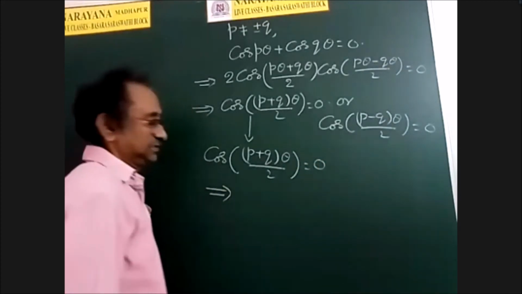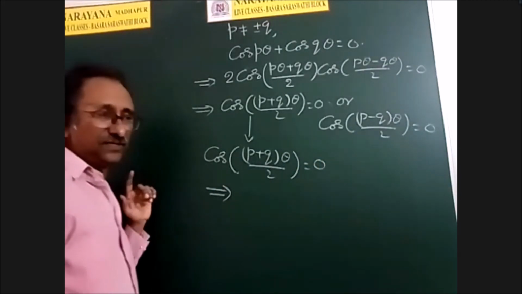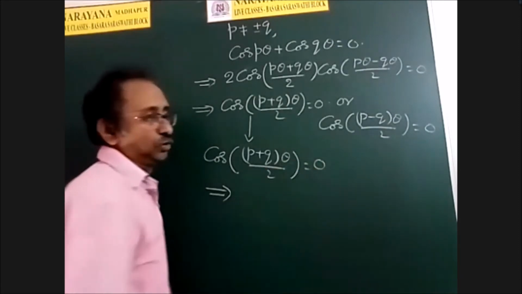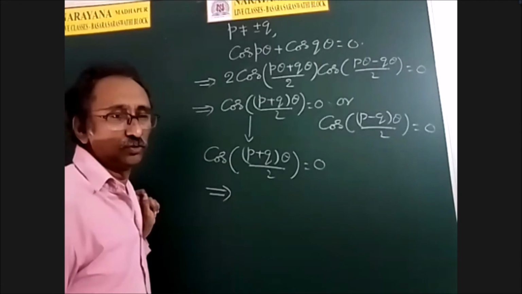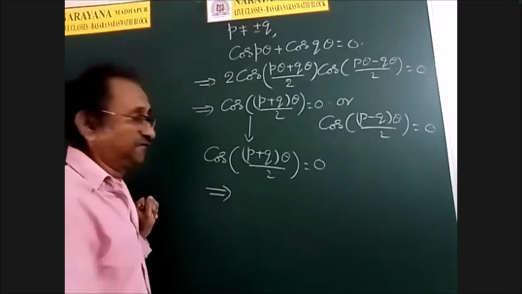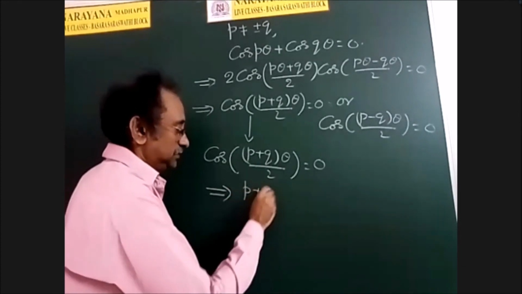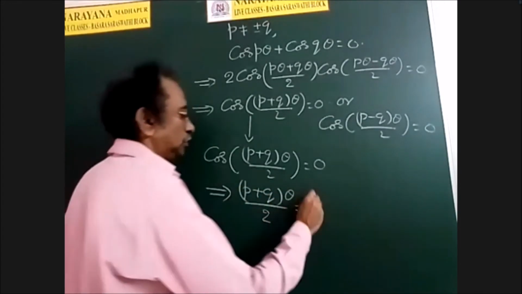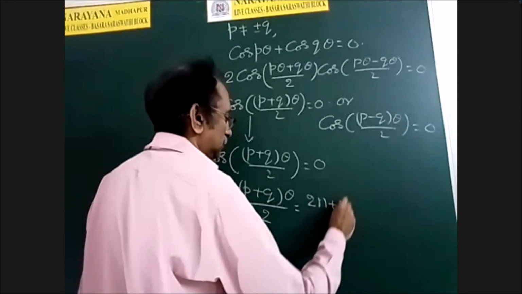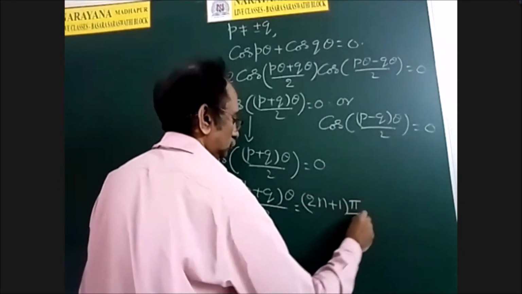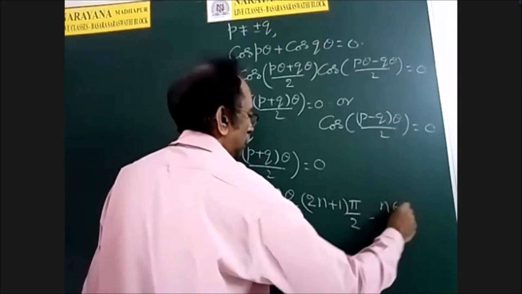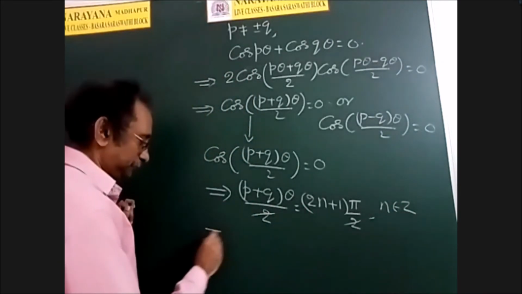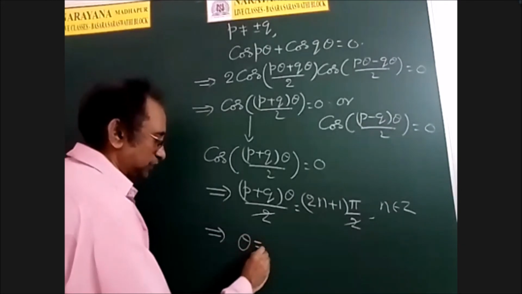So what is the formula? In the first class of trigonometric equations we have written, cos theta is equal to 0 means theta is equal to odd multiples of pi by 2. That is, (P plus Q) theta by 2 is equal to odd multiples of pi by 2, n belongs to Z, and therefore the 2 cancels, and we get the solution set.